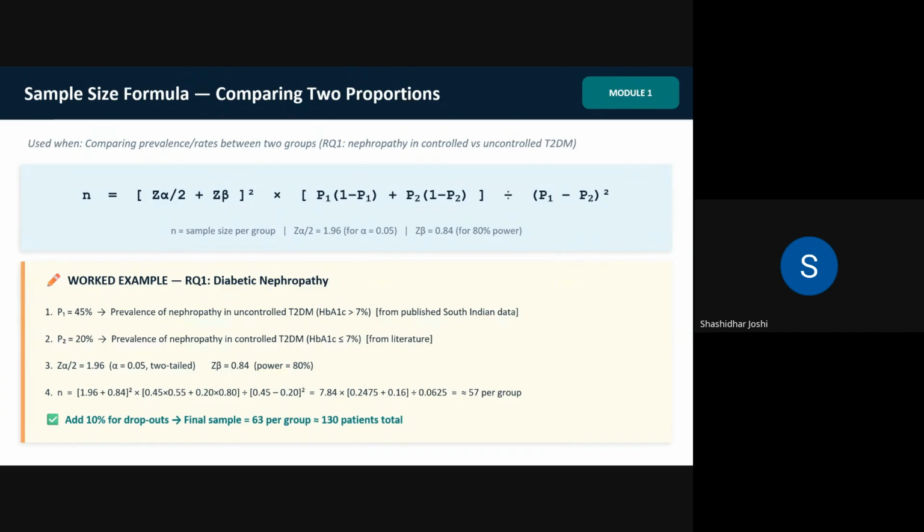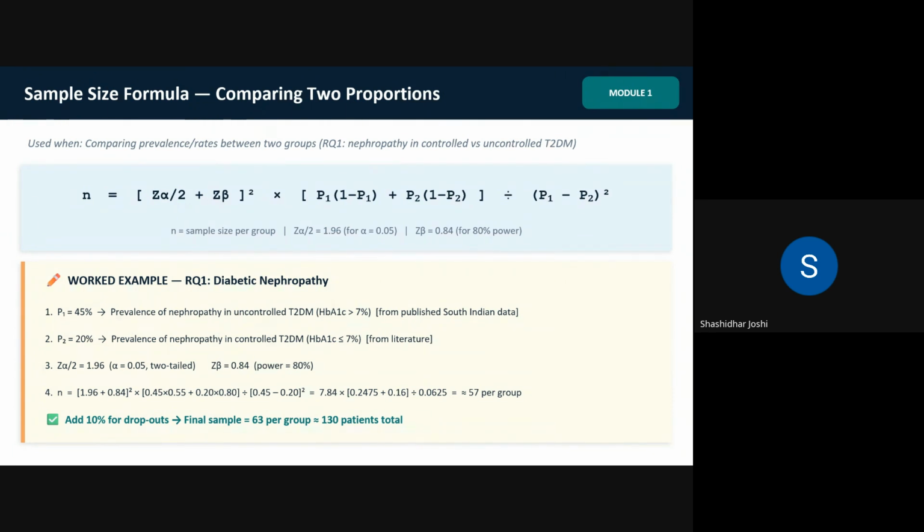And Z beta is also another component here. Just use 0.84 as the value for beta. Don't worry about anything else. Only thing is you have to plug in the values in this particular formula in which these values are fixed. Z alpha by 2 is equal to 1.96 is fixed. Z beta is equal to 0.84 is fixed.